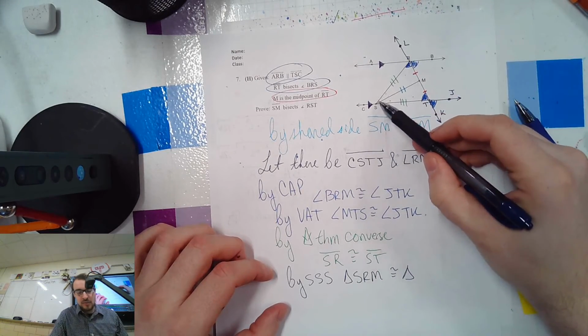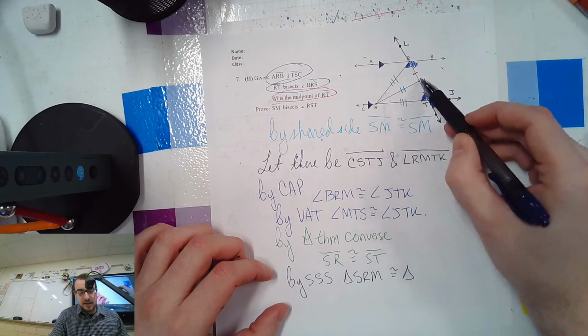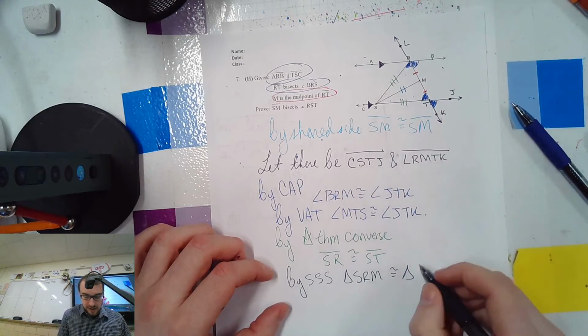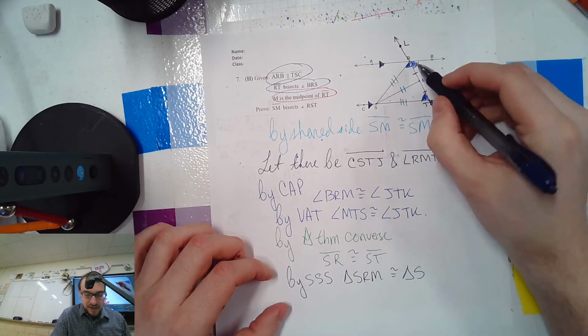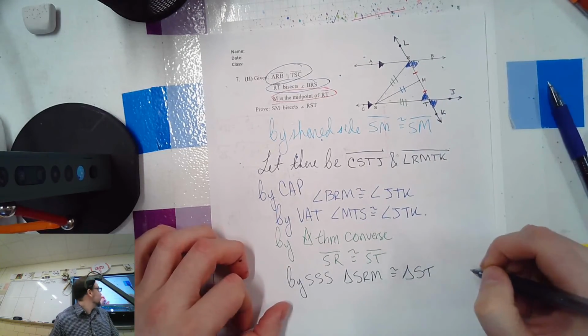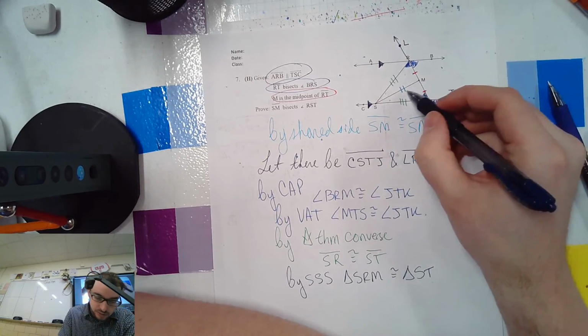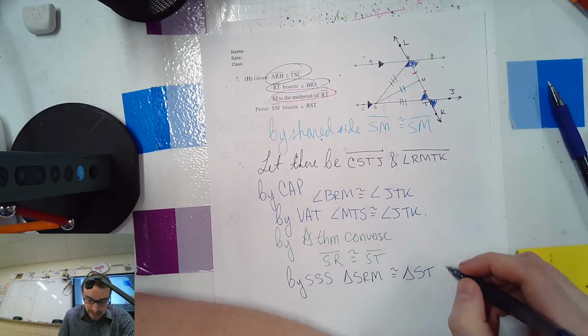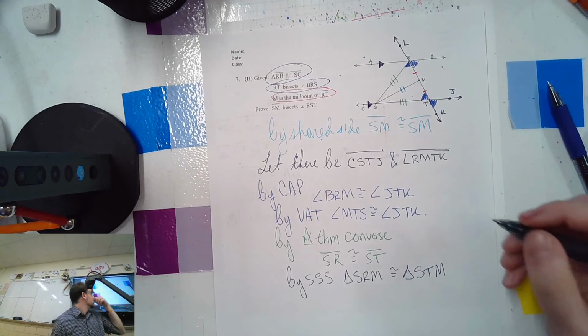S is made up of the green and the blue, so in the other triangle, green and blue is also S. R is made up of the green and the red, and green and red over here is angle T. Blue and red on both triangles gives M, so M goes with M.